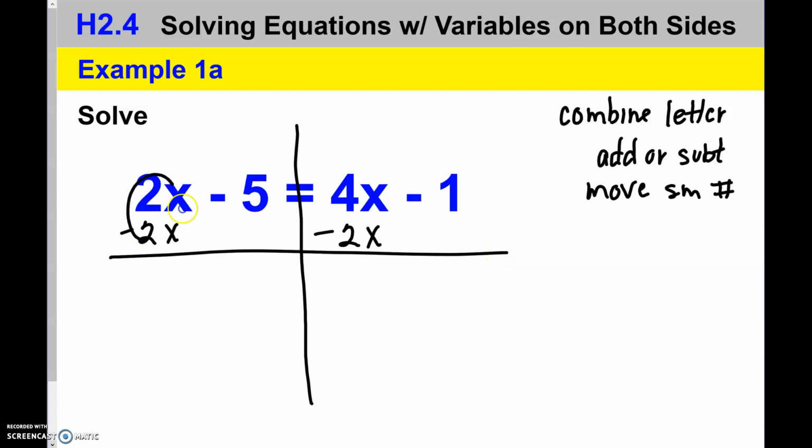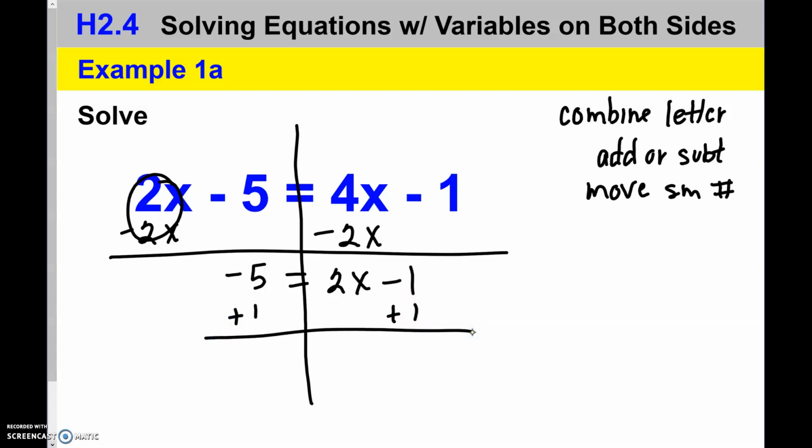What happens here is these cancel, and we have negative 5 equals, and 4X minus 2X is 2X, and then we still have our minus 1. The numbers by that letter X are 2 and negative 1, so I am going to add 1 to both sides. Make sure you use your calculator so you get these correct answers.